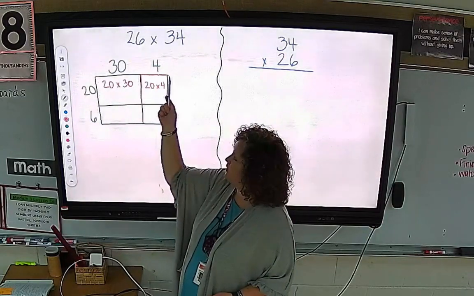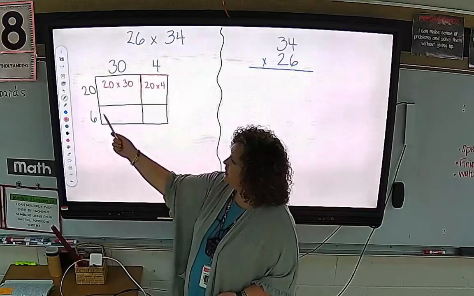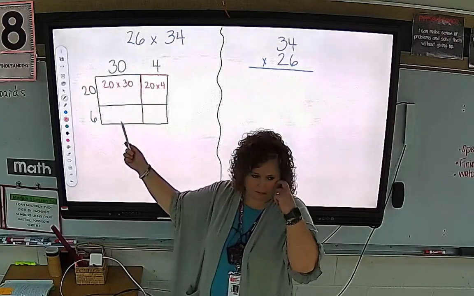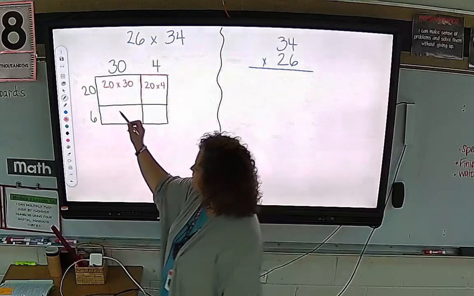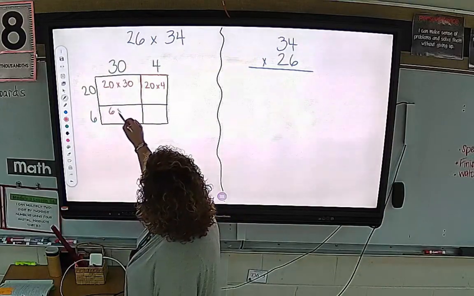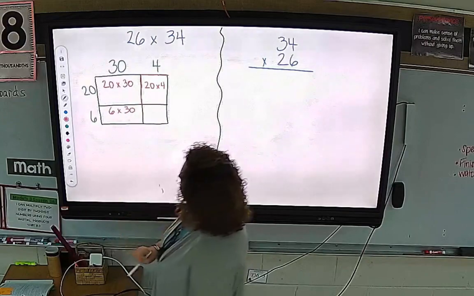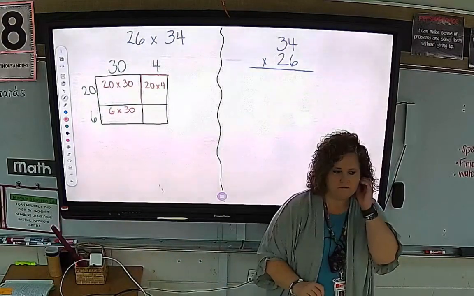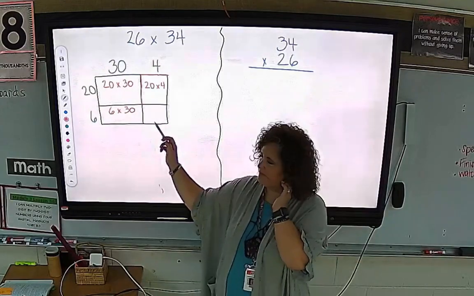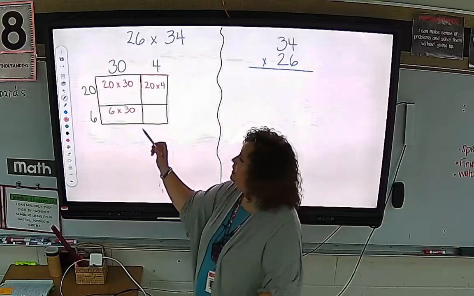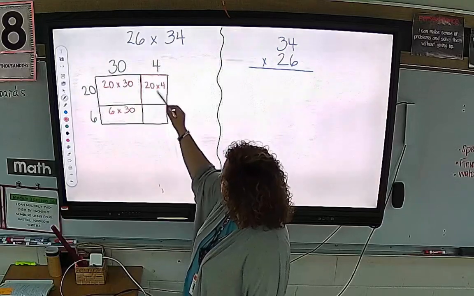This little piece is 4. Right, in this box, what would the problem be? 6 times 30. And in this box, what would we have? 6 times 4.